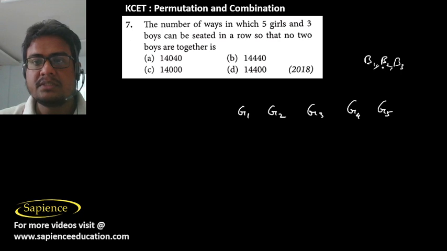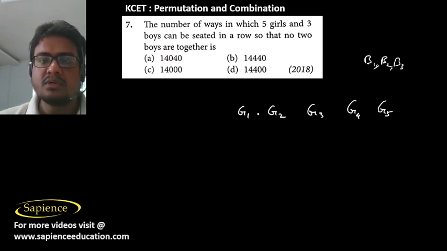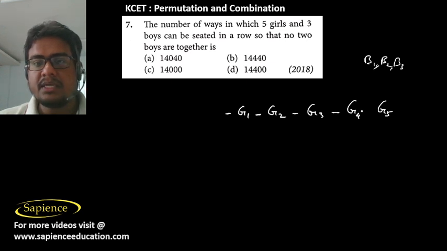So these 3 boys are not sitting together. So it means that all the 3 boys should sit in between these girls only. So in between the girls there are 1, 2, 3, 4, 5, 6 places.